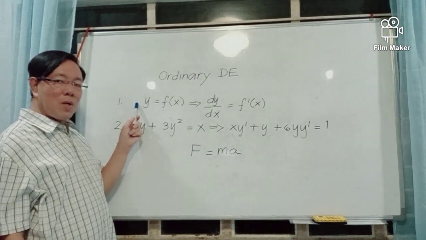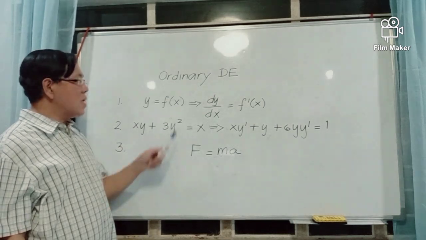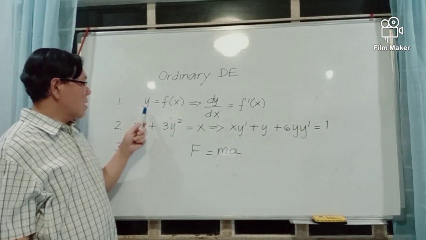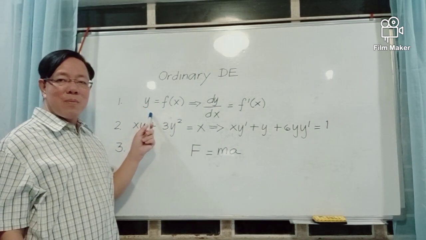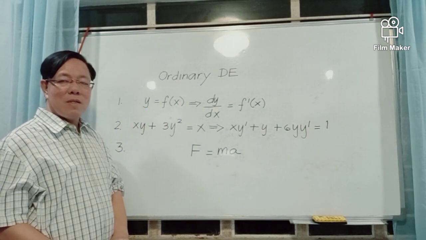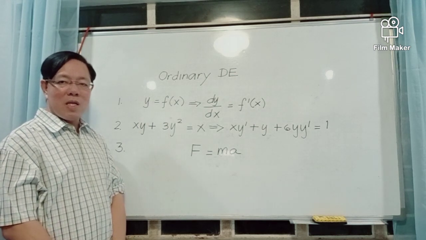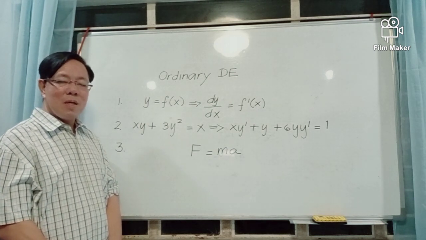So in both equations 1 and 2, we only have one independent variable x and only one dependent variable y.